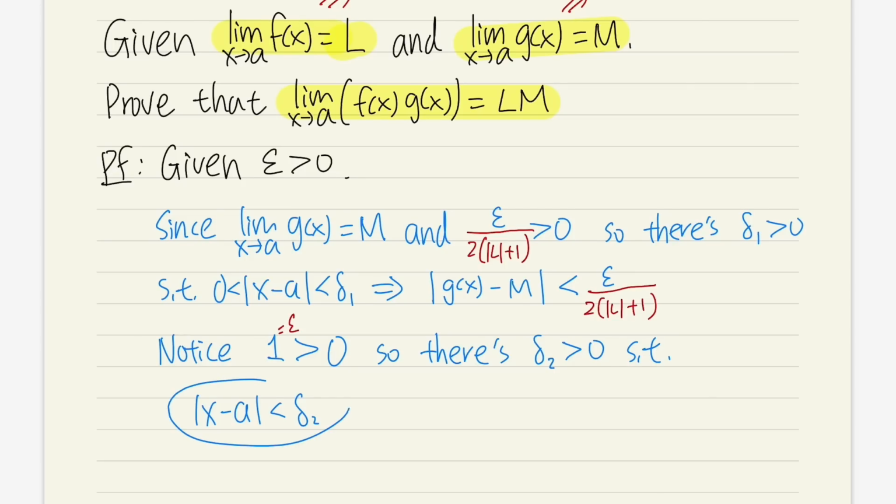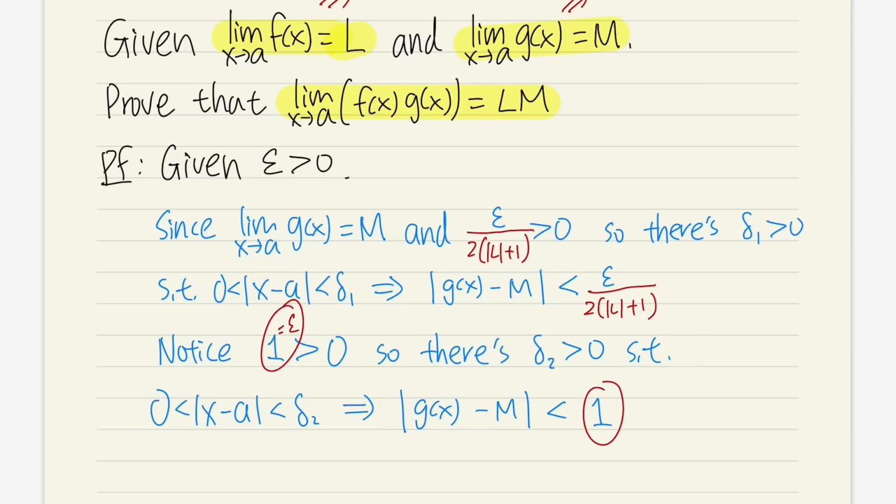But anyway though, if it's less than delta 2 and in the meantime it's positive, then we must have the absolute value of g of x minus m is less than 1. Again, this one right here acts like the epsilon. So of course this is legitimate. And let me just erase this because that's not really like the epsilon that we have. Good.